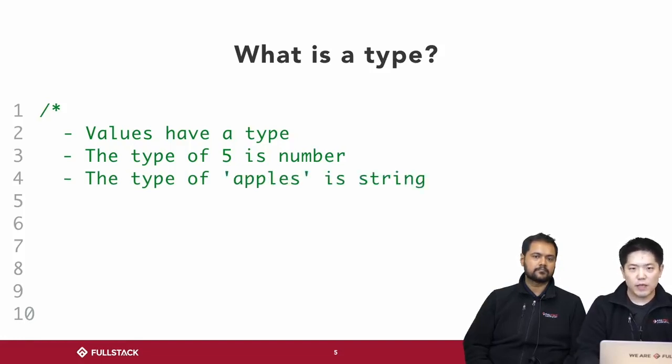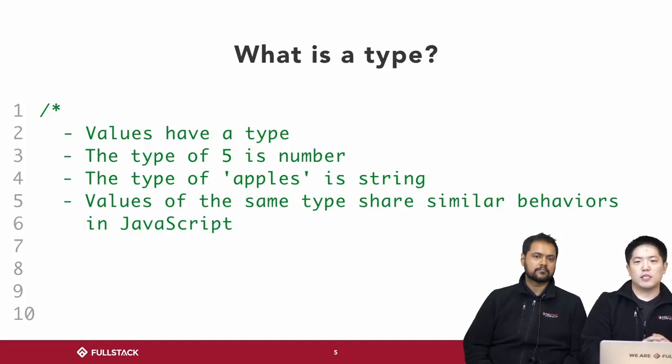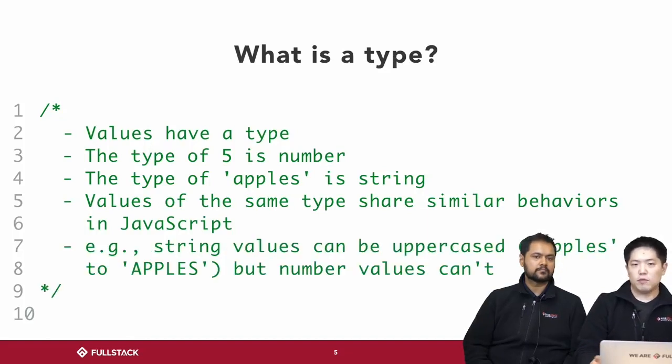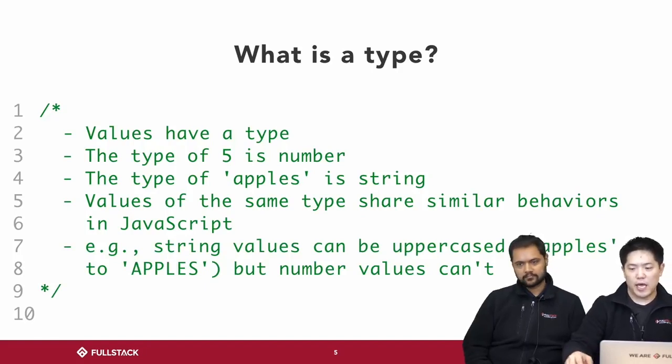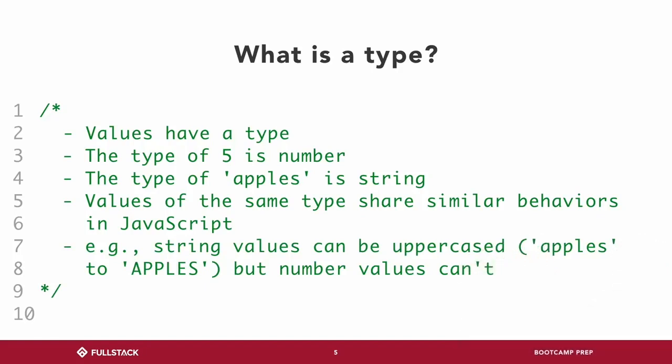Values that have the same type share similar behaviors. For example, strings can be uppercased, from apples to APPLES, and all strings have this property. But for numbers, it doesn't really make sense to uppercase them, right? Uppercasing 5 doesn't make any sense. So the type number doesn't have the ability to be uppercased.